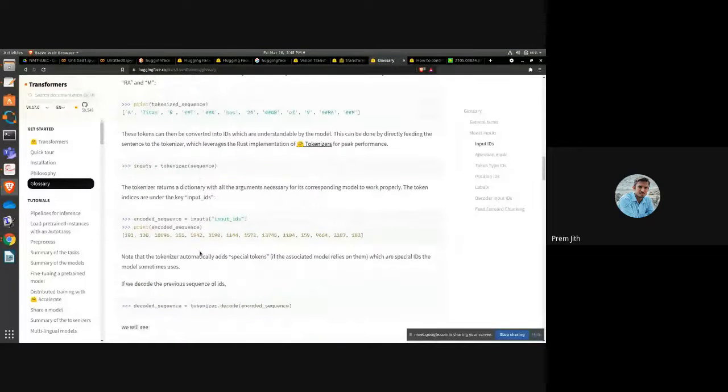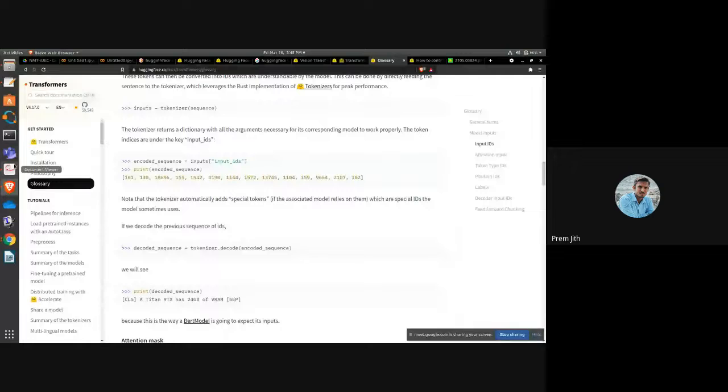So I think this is enough to start with transformer networks and BERT. I can share the code and slides with the organizers, and you can go through them.